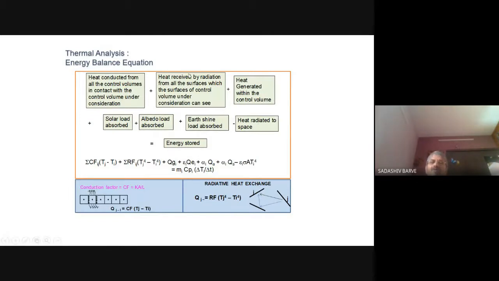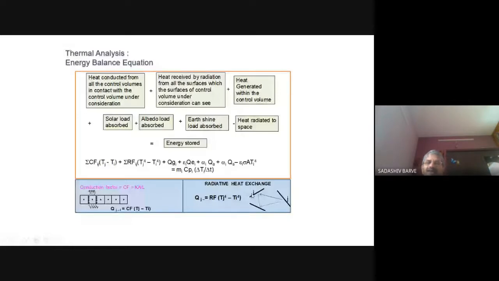And after solving this, you will know the energy stored is mCp into delta T by delta t, which will give the temperature. This is basically internal energy. How this internal energy keeps varying during an orbit will give the change in temperature for the given object. The same thing, conduction portion again from one object to the other object. How this gets coupled to the different surfaces is shown here.